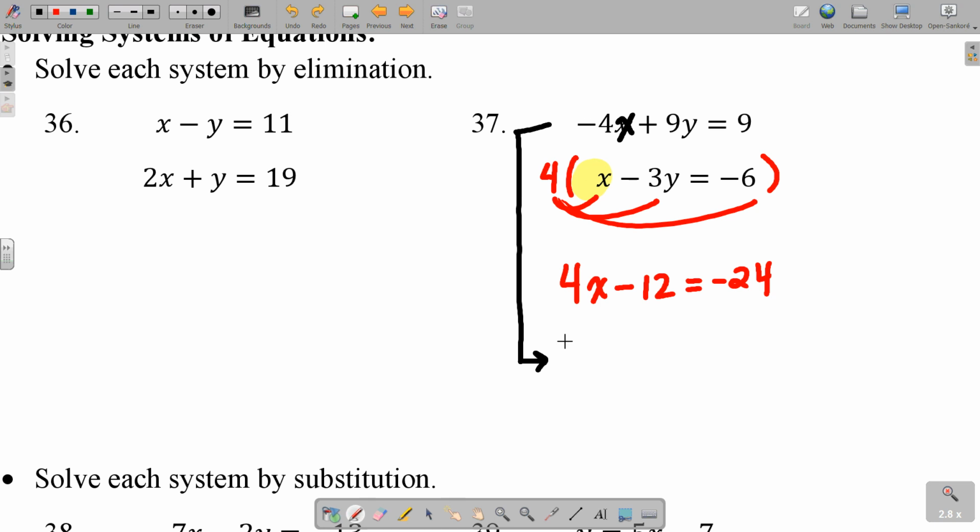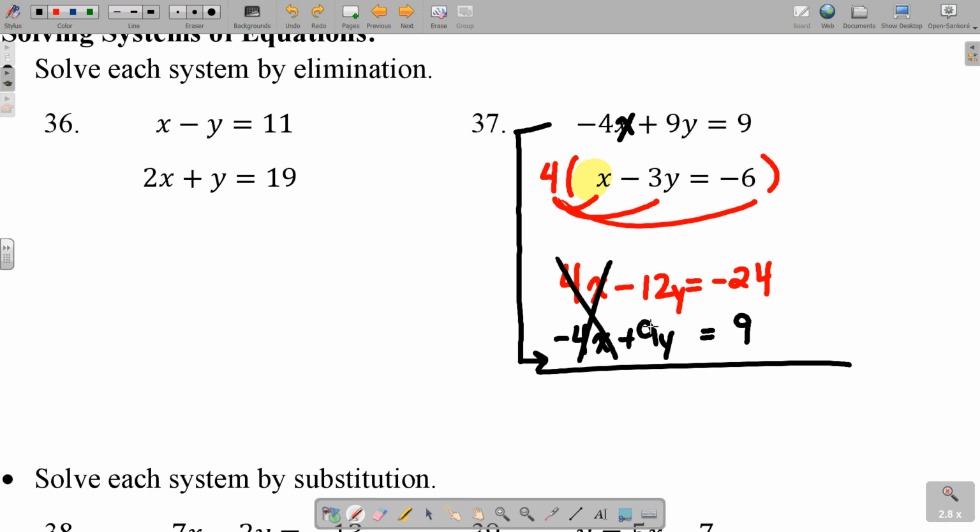Now I'm going to bring down the original equation, the other one. Okay, now you can cancel. So the +4x, -4x, that cancels. -12 plus 9y is -3y. -24 plus 9 is -15.